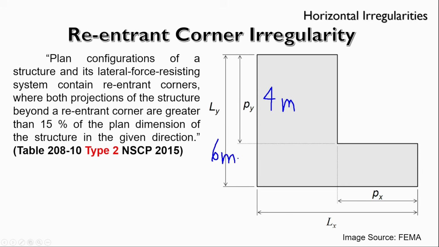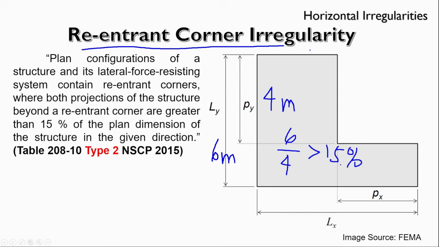It's obvious that 4/6 is greater than 50%, because 50% of 6 meters is 3 meters. So we can say that it is greater than 15%. By doing this, we now have what we call the re-entrant corner irregularity.